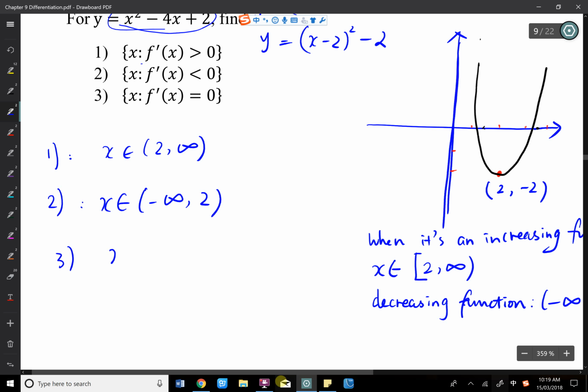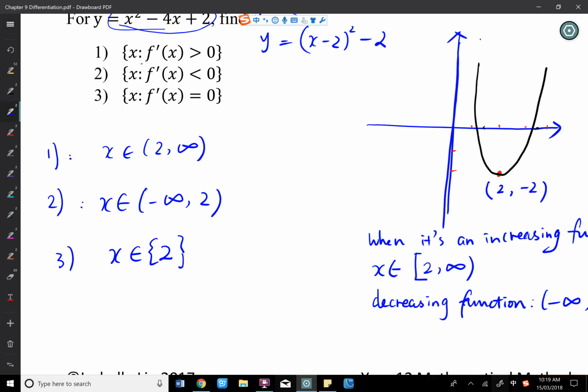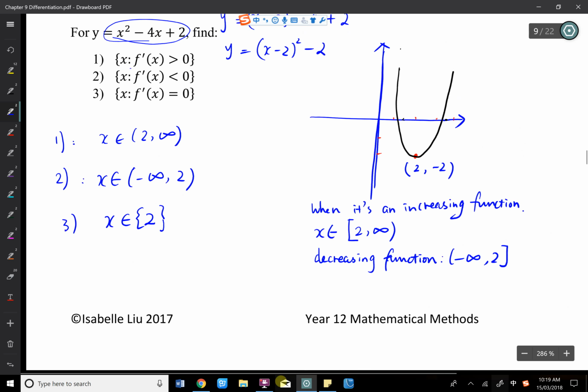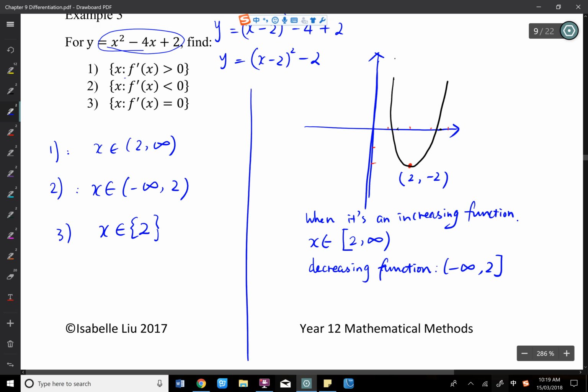And number 3 is x equals 2, or you can say x belongs to 2. Because the gradient equal to 0 is the turning point. But equal to 0 doesn't mean it can't be an increasing or decreasing function. It still can be part of the increasing and part of the decreasing. So what I've shown you here, left hand side and right hand side, are 2 different questions.